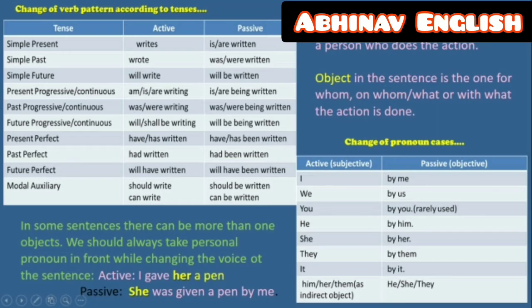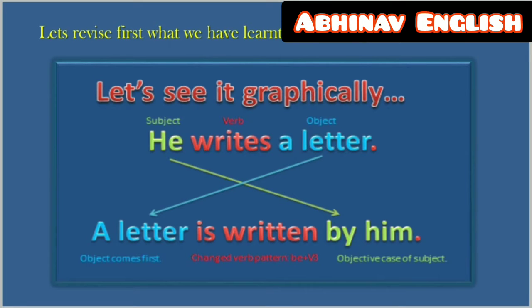Now let us move further. We have also seen graphical presentation of small sentences. You can see here as a revision. He writes a letter. If this is a small sentence given to us for changing the voice, we may answer it as A letter is written by him. He is the subject, writes is a verb of simple present tense.